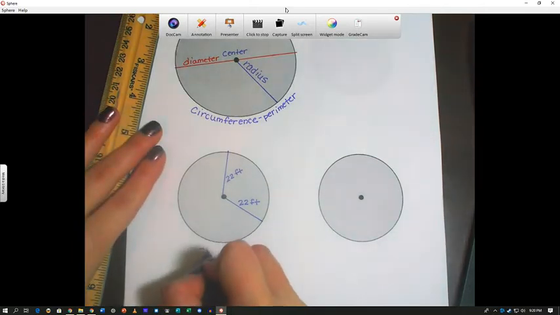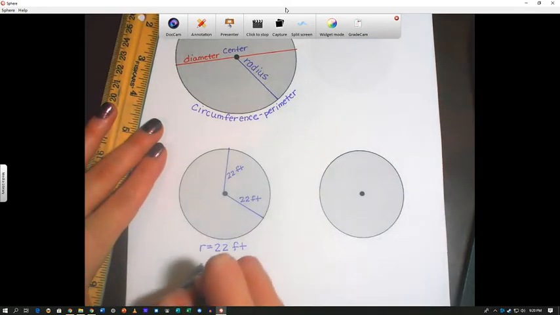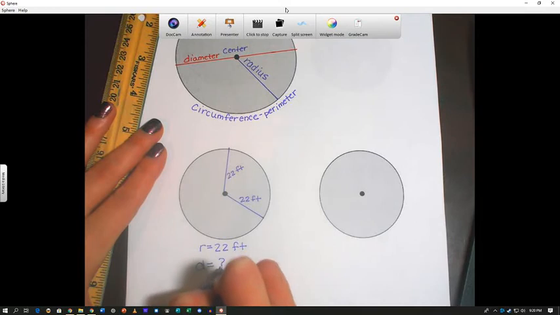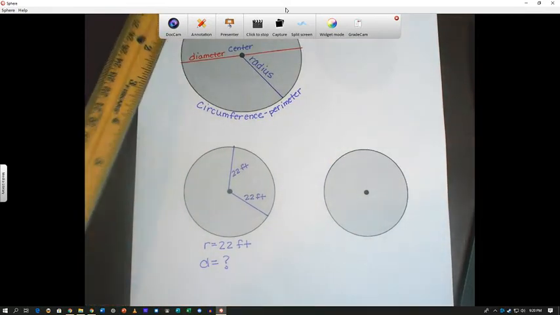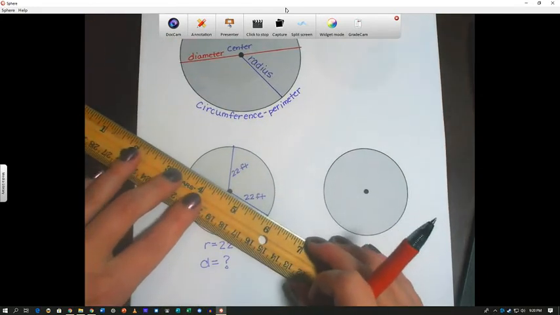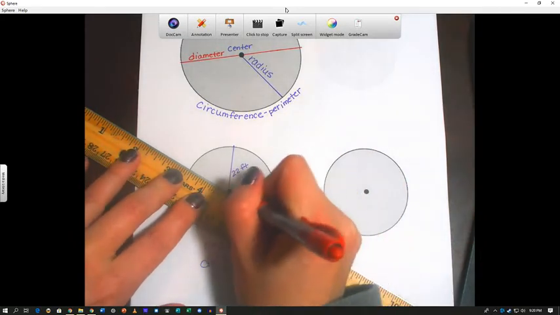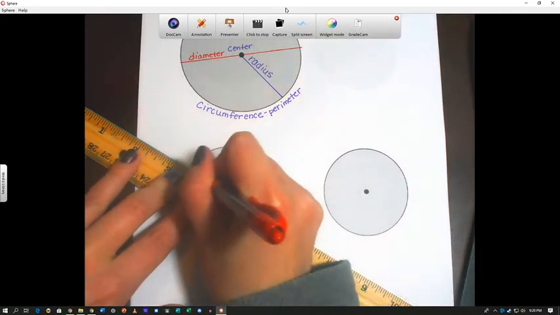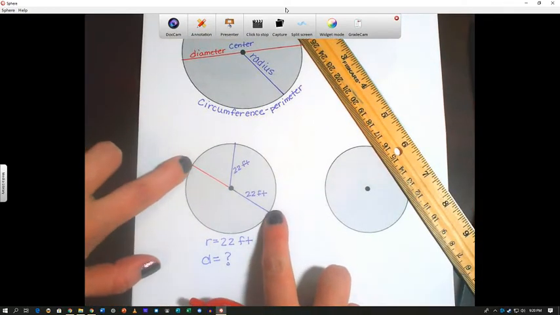So r is equal to 22 feet, and we don't know the diameter. We're going to talk about how we would figure this out. So I'm going to take this radius, and I'm going to extend it all the way through the center, going from one point on the circle across to another. So now it looks like we have the diameter.